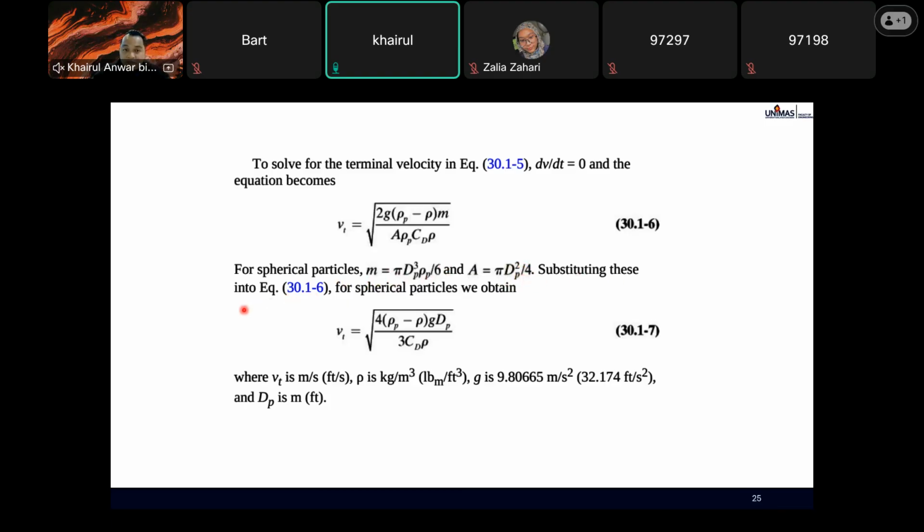Substituting this into 30.1-6 for a spherical particle, we obtain Vt equal to 30.1-7. Here we have the density, gravity, and Dp, the diameter of the particle. So, an assumption.